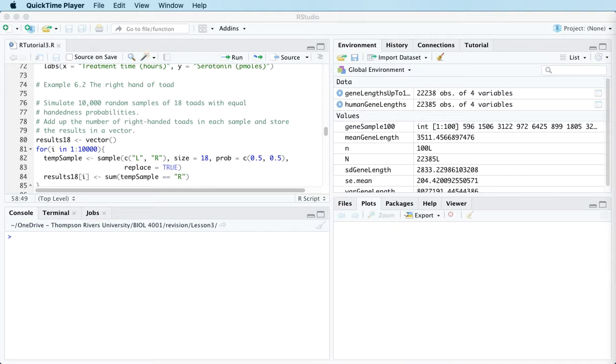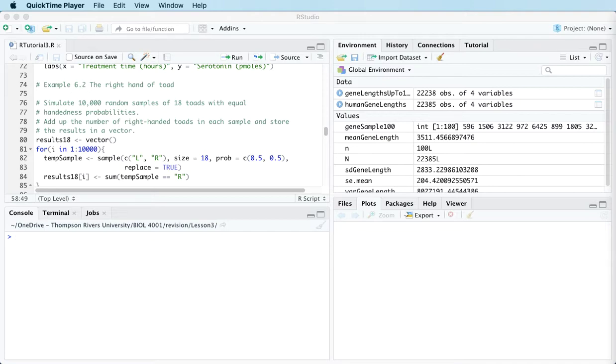Okay, so let's break that down in this context so we can understand exactly what it means. So let's think about if the null hypothesis were true. So if the null hypothesis were true and p is 0.5, then we've got just as many left-handed toads as right-handed toads in our population.